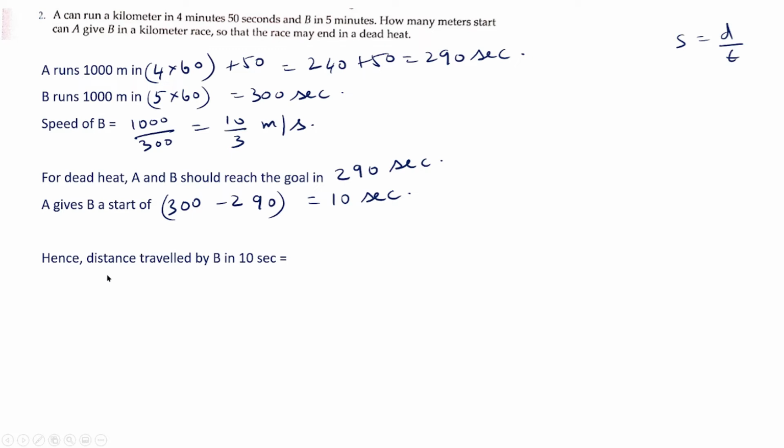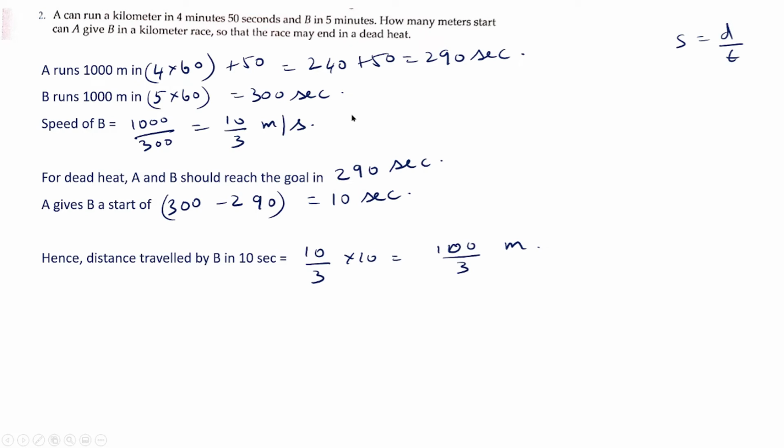So we can find the distance traveled by B in 10 seconds. It is nothing but speed of B into the time. So it is 10 by 3 into 10, which is 100 by 3 meters.